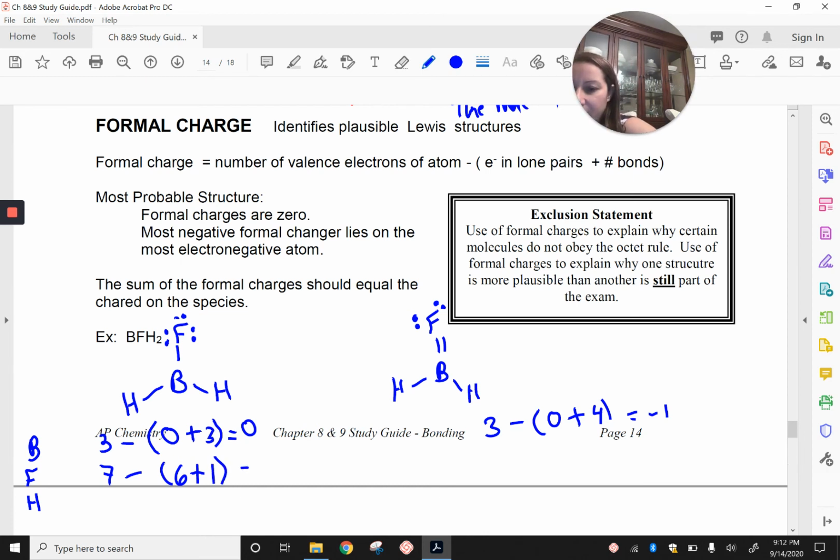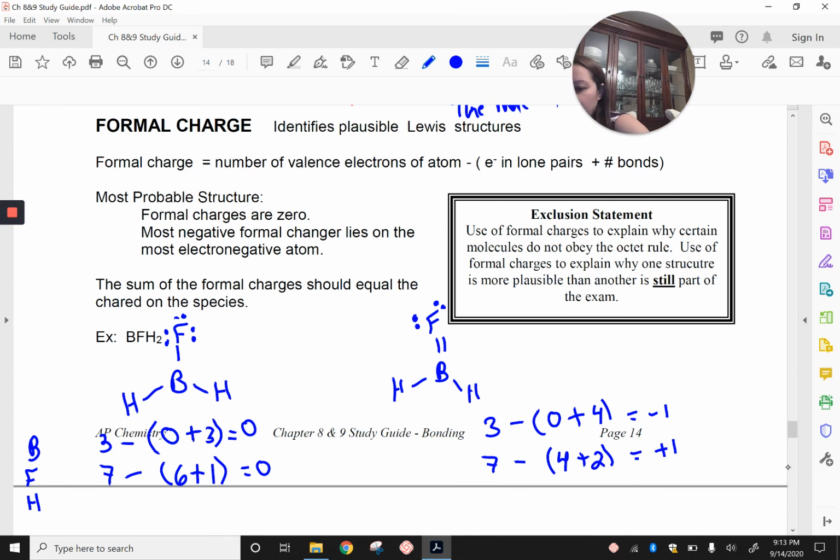So 7 minus 7 is 0. Let's do it for this one. Fluorine still has 7 valence electrons. The number of electrons in lone pairs is 1, 2, 3, 4, and then the number of bonds, so there are 2 bonds here. So 7 minus 6 is plus 1.